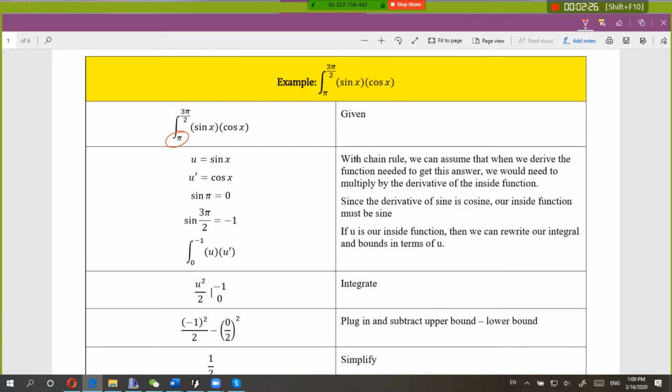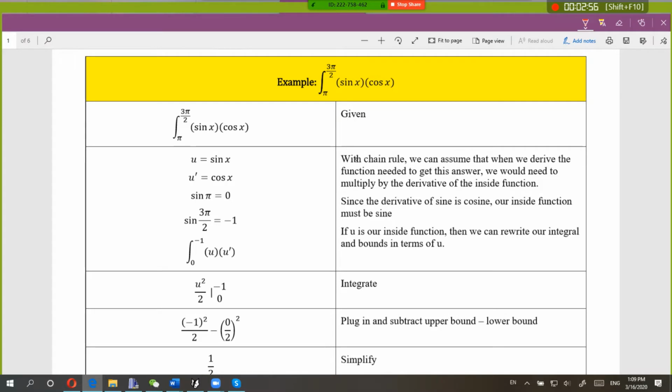If u is sine x and 3 pi halves is my upper bound, then the sine at 3 pi halves would be -1. So I could rewrite this as the integral from my lower bound, the sine at pi or 0, to my upper bound, the sine at 3 pi halves, of u times u prime, which is the same thing as the integral from pi to 3 pi halves of sine x cosine x.